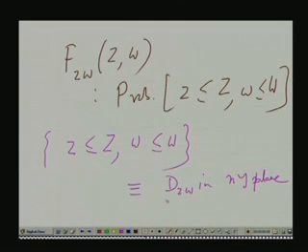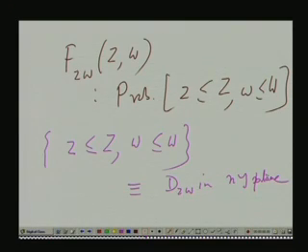That is, for any x comma y belonging to this area dZW, the corresponding small z and small w satisfy this relation. This means the probability of z and w simultaneously satisfying these inequalities is the same as the joint probability of x and y remaining within this area dZW in the xy plane.